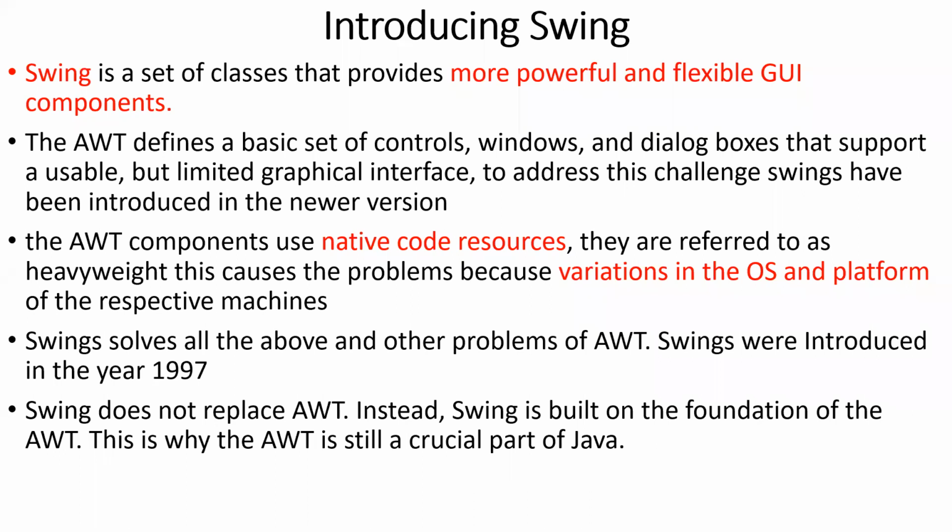Try to note: AWT means Abstract Window Toolkit. It's a package of Java. It provides all the tools which are useful to create a separate window. An example is the applet viewer.